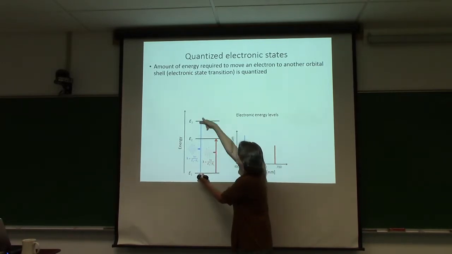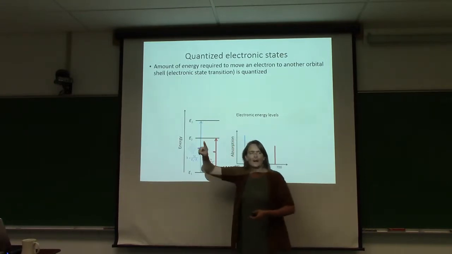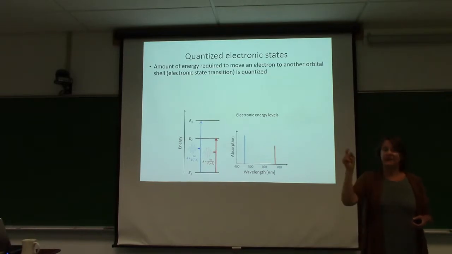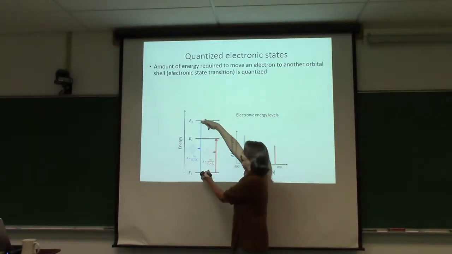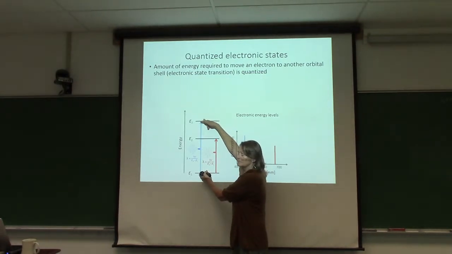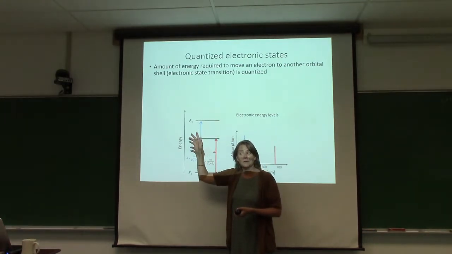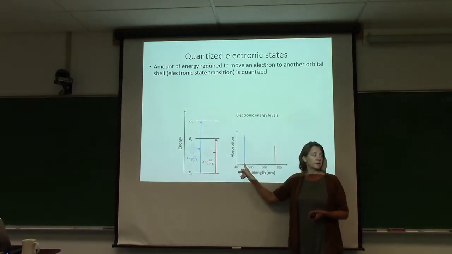So whatever this distance is in terms of energy, that is a 1-to-1 correspondence to the wavelength because of hc over lambda. So if the molecule has this allowable quantized energy difference, that energy defines the wavelength of absorption allowed by the molecule. In this case, about 440 nanometers.